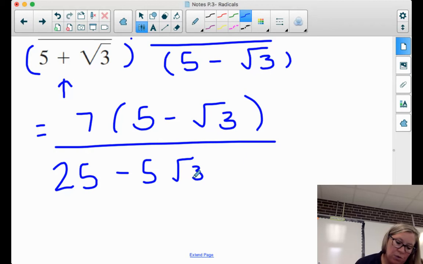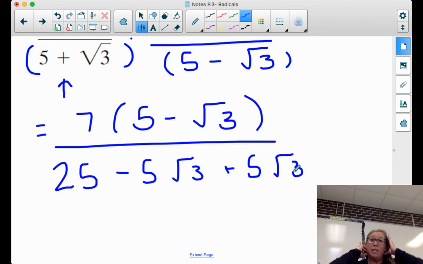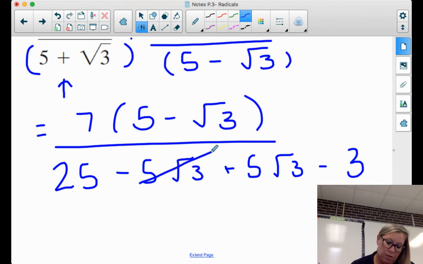Positive square root of 3 times 5 is 5 square roots of 3. And then last, positive square root of 3 times negative square root of 3 is going to be negative square root of 9, which is negative 3. Now notice these 2 terms are going to cancel out. They're going to undo each other, becoming 0.